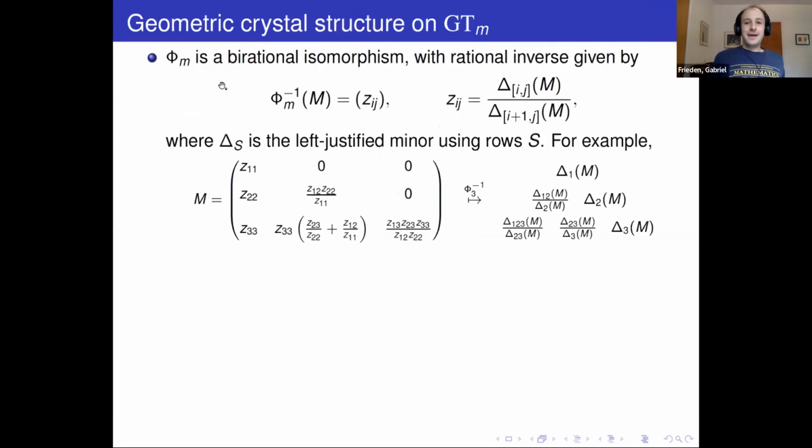Now one nice thing about this map is that it's a birational isomorphism, and the inverse is very nice. If we have a lower triangular matrix and we want to recover the Gelfand-Tsetlin pattern, or the geometric pattern that gave it to us, we just take ratios of left-justified minors.